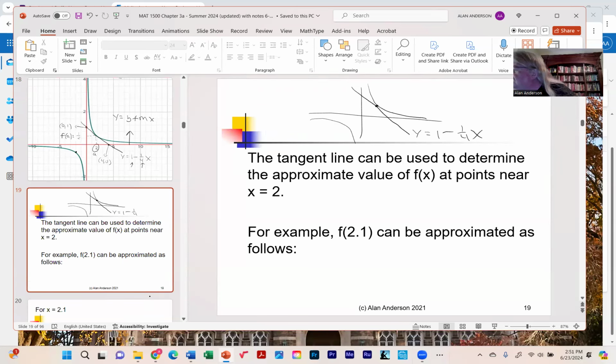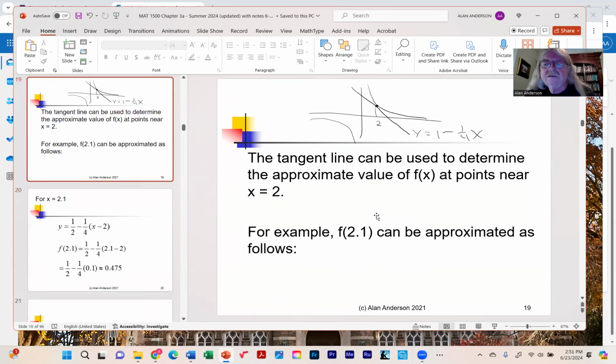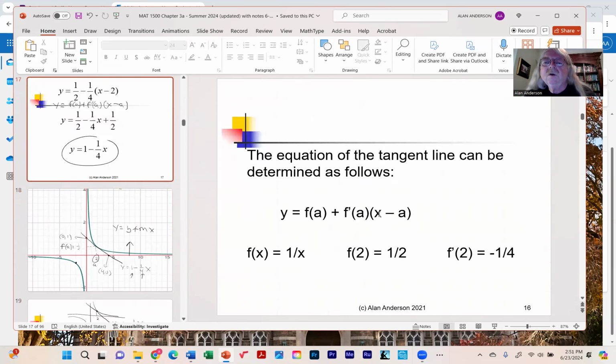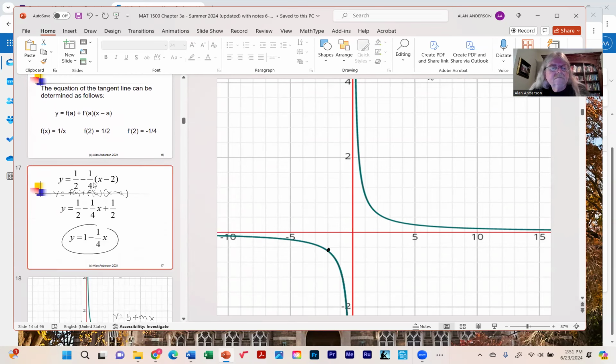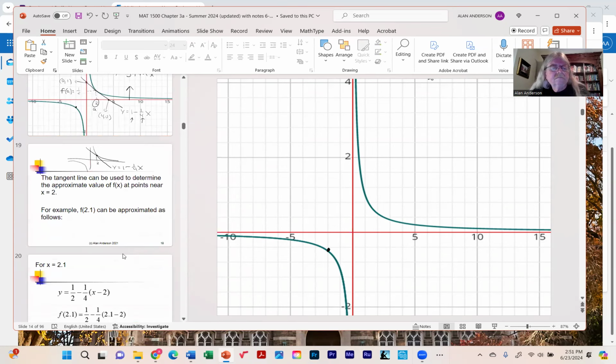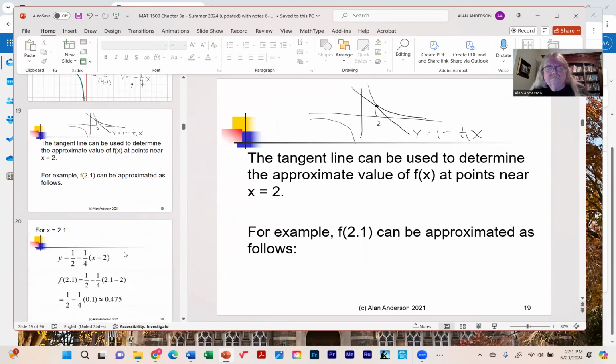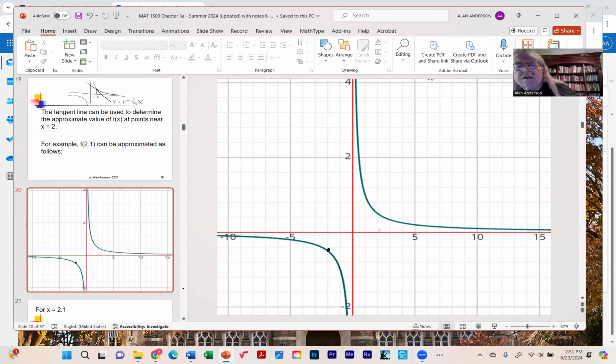My drawing is a little small to see, so let's see if we can put it on here. Let's try this again.